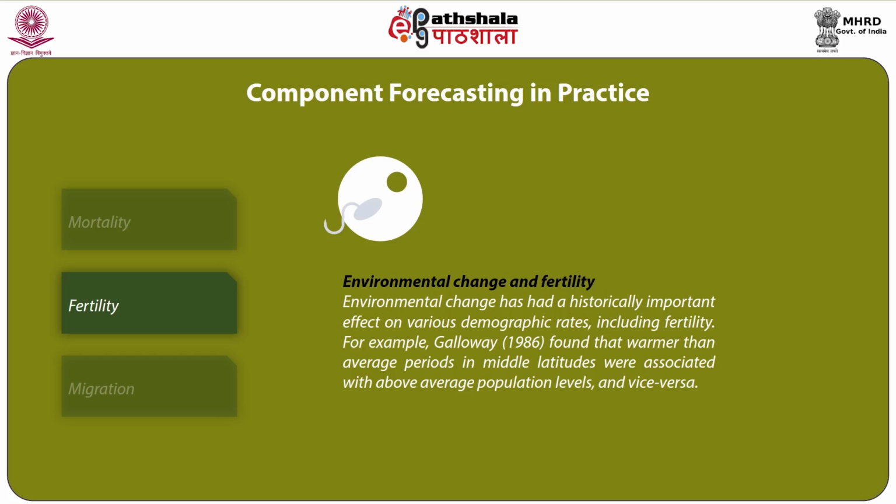Environmental change and fertility. Environmental change has had a historically important effect on various demographic rates, including fertility. For example, Galloway 1986 found that warmer than average periods in middle latitudes were associated with above average population levels and vice versa.